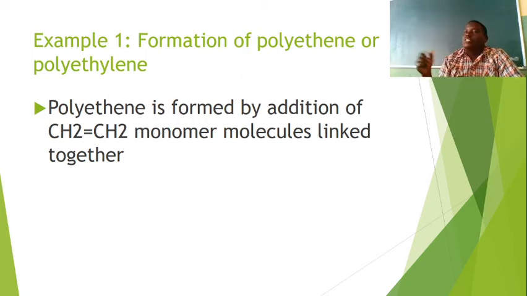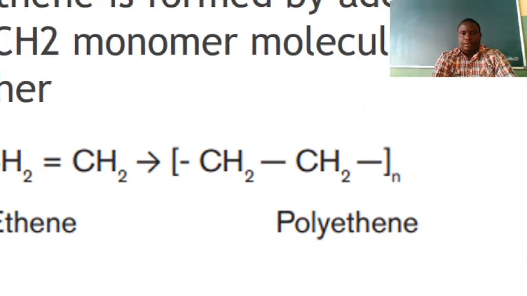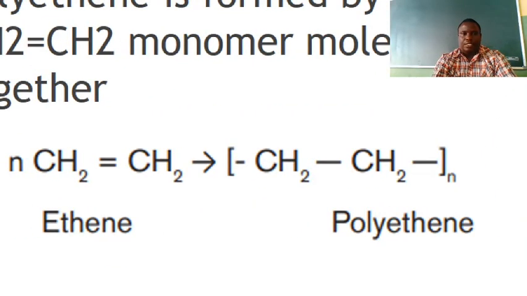They are CH2=CH2. So the reaction is like this. Let me use the blue pen. Here is CH2=CH2, which is a monomer. You know, it has a double bond. I think you remember that.